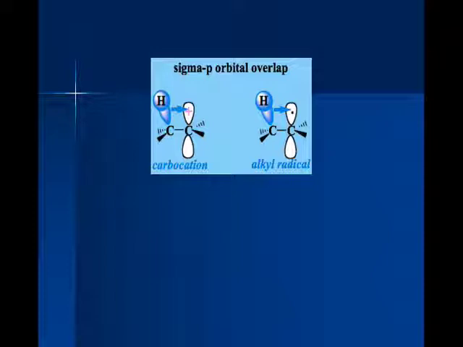Well, you can undergo a hydride shift, but that's not what we're showing here. We're just showing that the electrons here help stabilize that cation. It is hyperconjugation. That is right. This is the hyperconjugation effect. And the same thing can happen for a radical. That's why the stability trends for cations and radicals track each other. Okay?